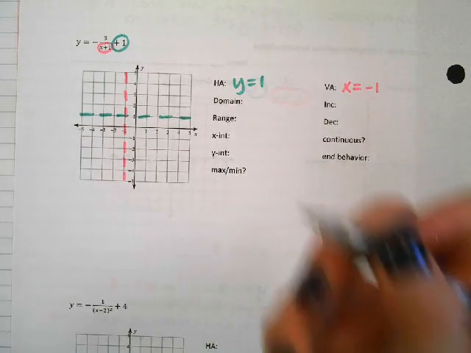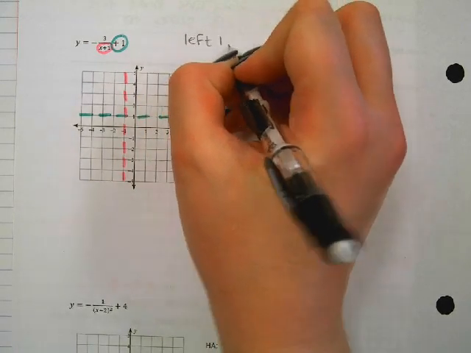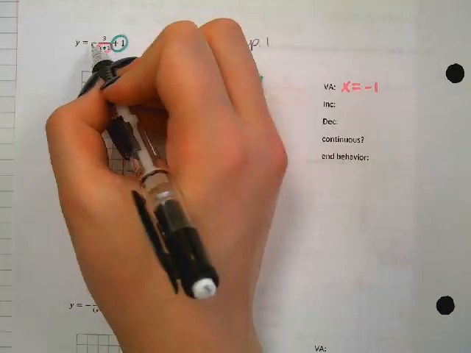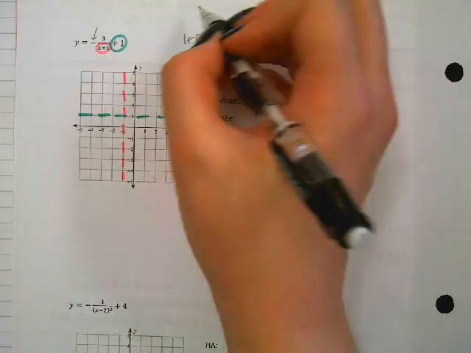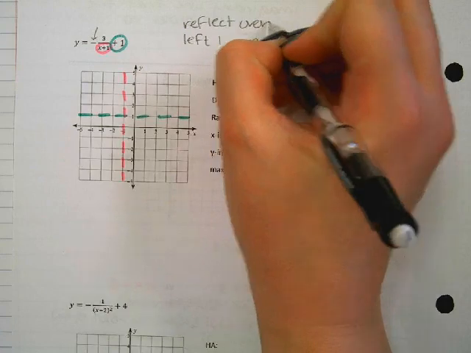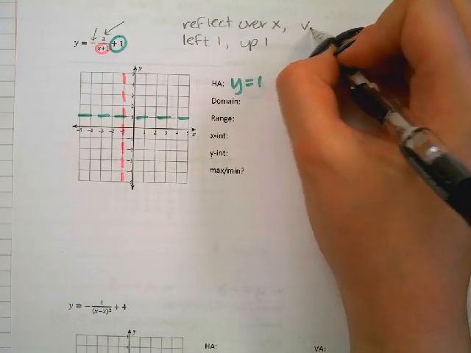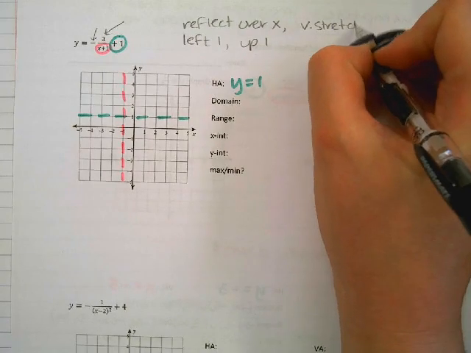And if I write the transformations here, I do have left 1 and up 1. I also have the negative in the front, which is reflect over the x-axis, and I also have that 3 on top, which is a vertical stretch of 3.